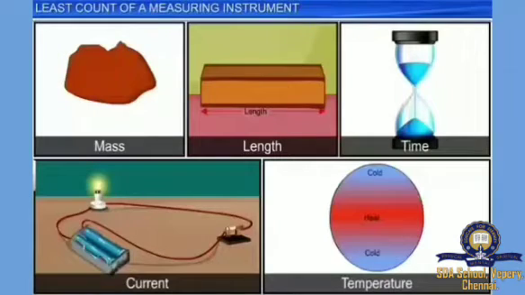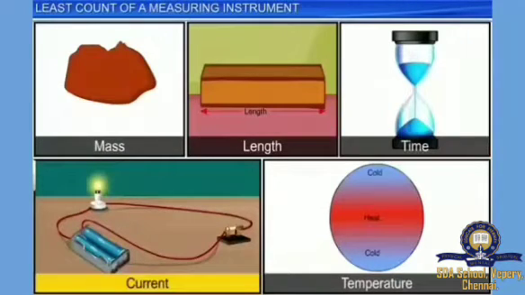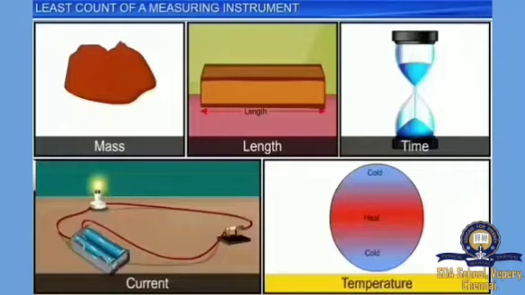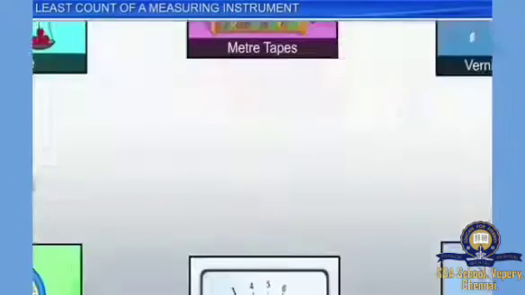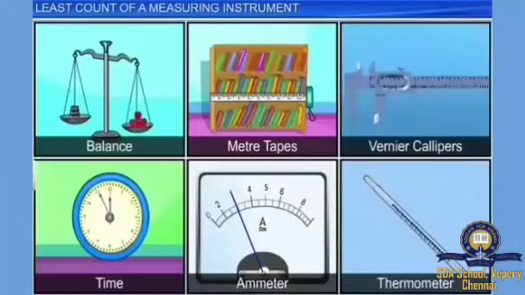All measurable quantities are known as physical quantities, such as mass, length, time, current, and temperature. They are also known as fundamental quantities. To measure these quantities, we use different types of devices in different situations.